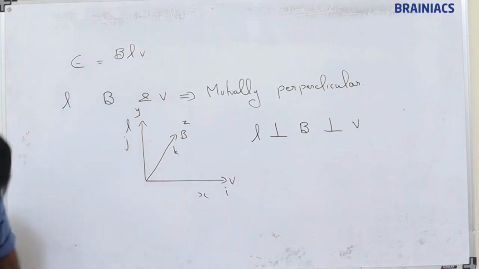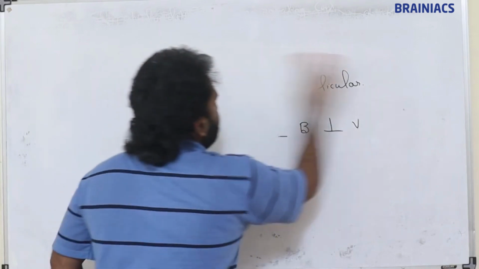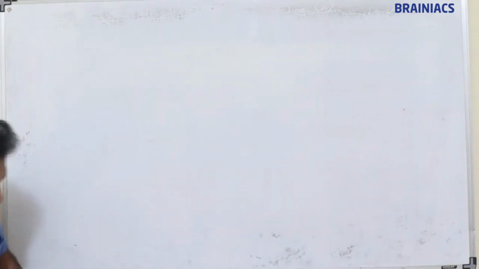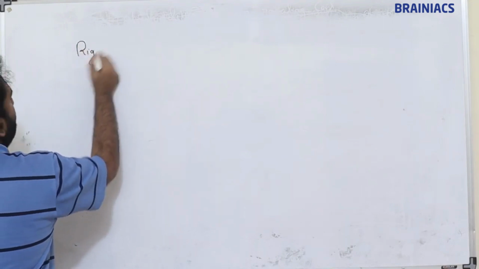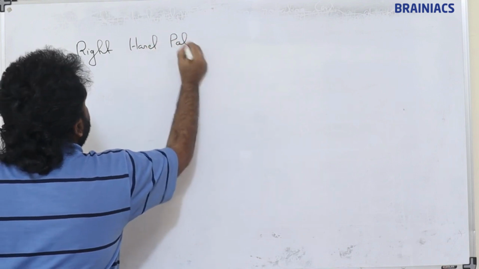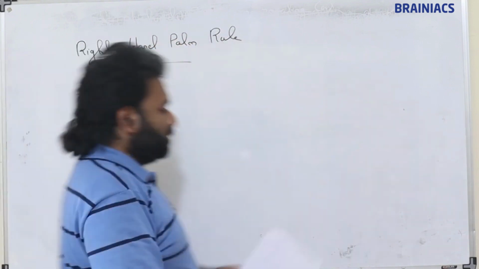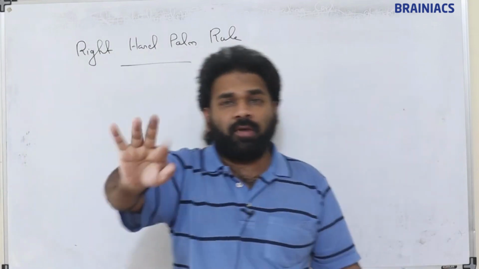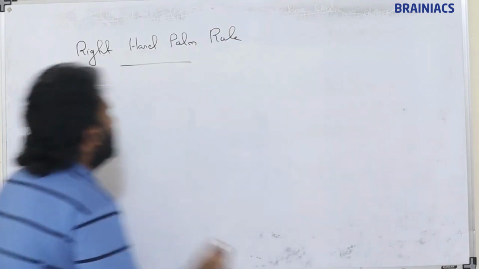Regarding direction, we use the right hand palm rule. Children, the fingers always point in the magnetic field direction.